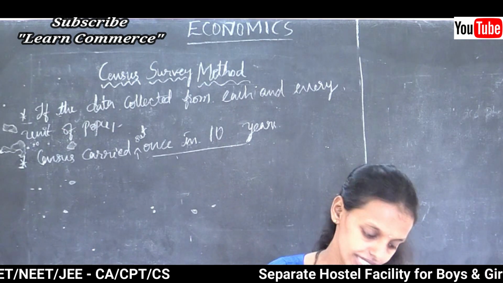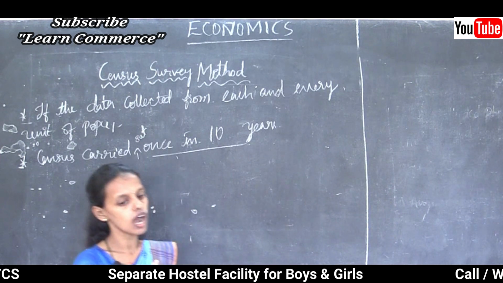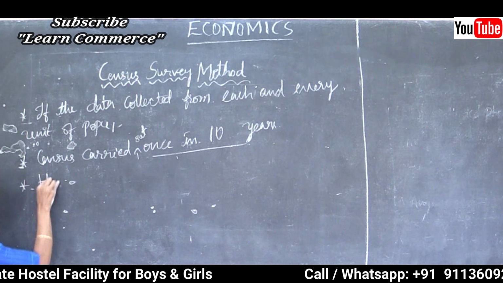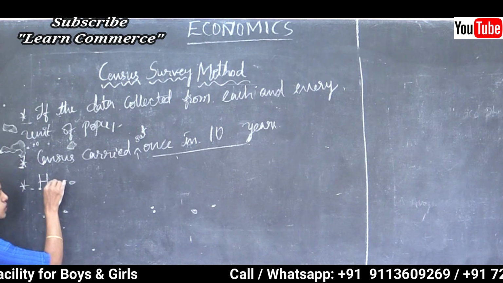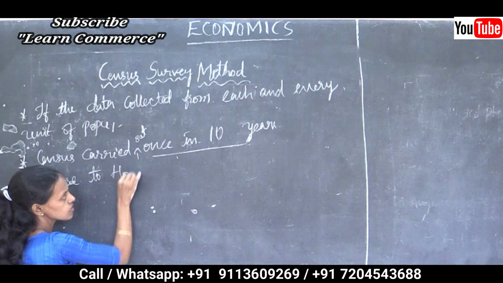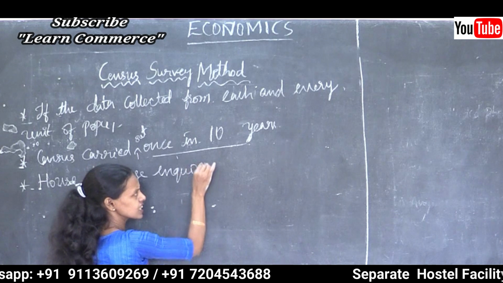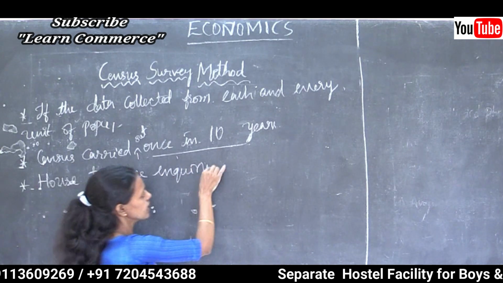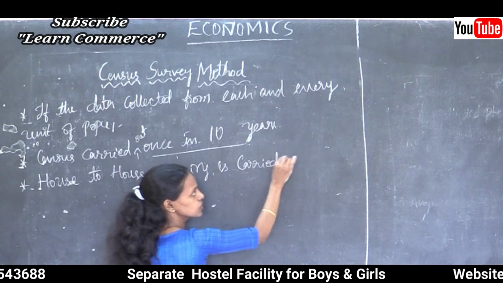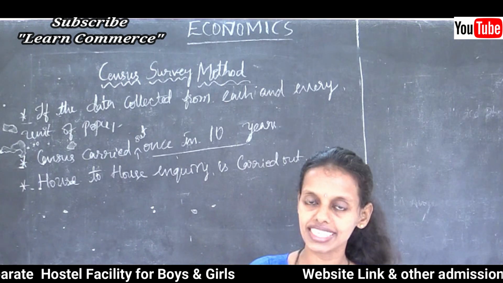How do they collect the data? House to house enquiry is carried out, each home to home, ಮನೆ ಮನೆಗೆ ಬಂದು ಅವರು ಇನ್ಫಾರ್ಮೇಷನ್ ಅನ್ನು ಕಲೆಕ್ಟ್ ಮಾಡ್ತಾರೆ. You know, the last census in 2020 was carried out at your home.